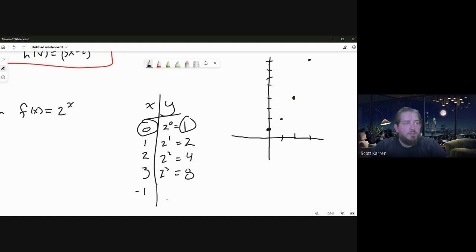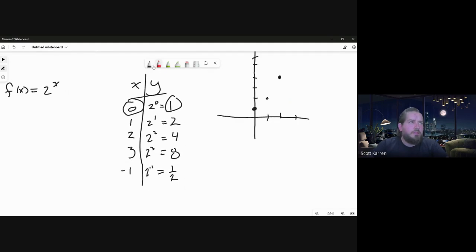like -1. But if x is -1, then y is 2 to the -1. But having a negative power means that I have that power of 2 in the denominator. So that's 1/2. And if x is -2, then that's 2 to the -2.